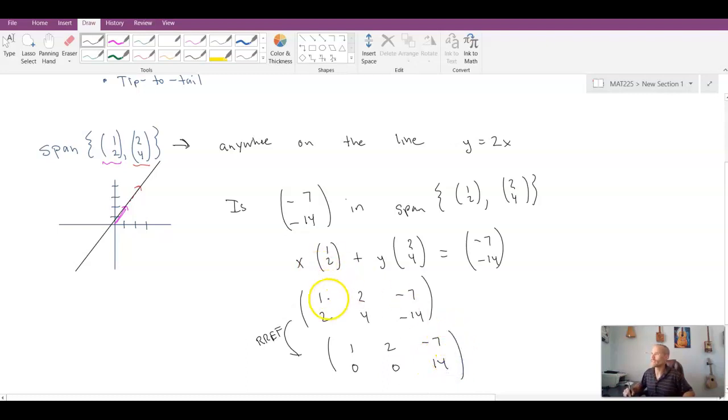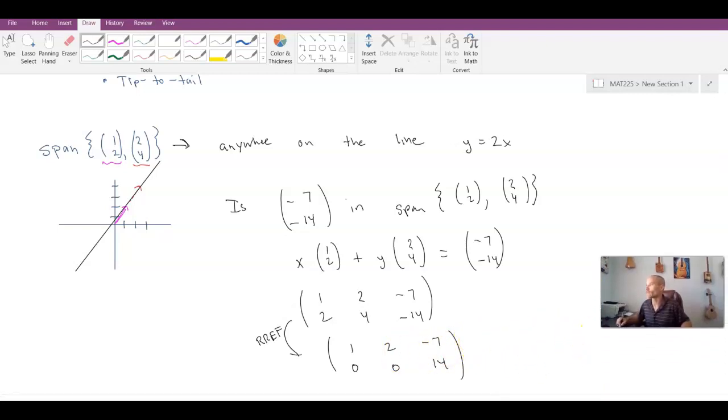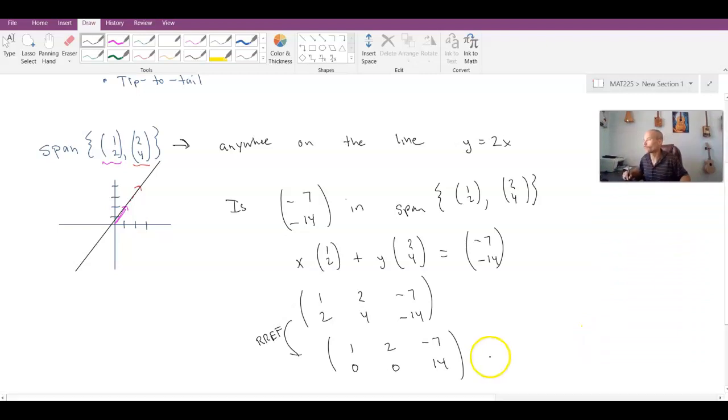Because if you think about it, these 2 equations are really the same line. That's what this is telling us: those 2 vectors are on that same line. There are infinitely many ways you could do this as long as x plus 2y is equal to -7.